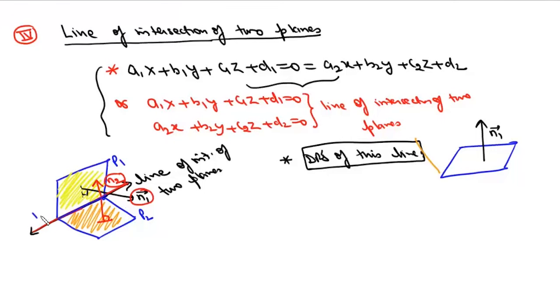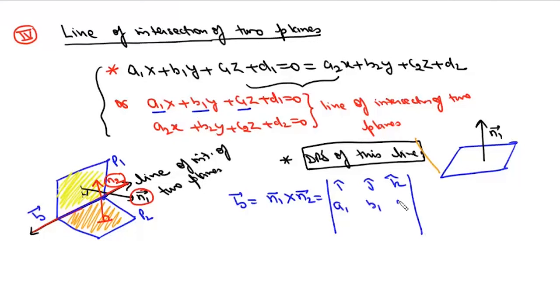So if the direction ratios of this line are this vector B, then we can write B as n1 cross n2, where n1 and n2 are direction ratios of the normals to the planes. So we can write this as ijk. Now here direction ratios are A1, B1, C1, and in this case direction ratios are A2, B2 and C2.